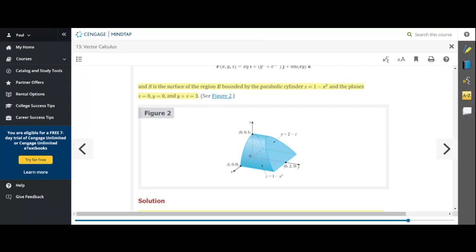Should we use rectangular coordinates? So I'm talking now about the triple integral for the divergence theorem. We have to find limits. Should we use rectangular coordinates, cylindrical coordinates, or spherical coordinates? What do you think might be good?